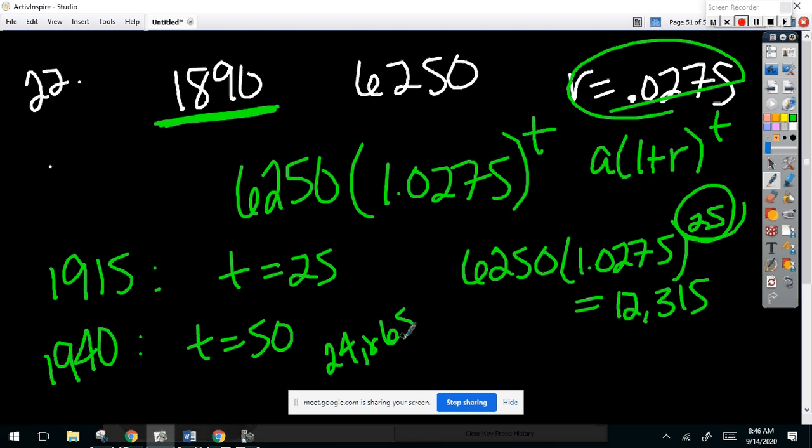Number 31, cholera bacteria. Suppose that a colony of bacteria starts with 1 bacterium and doubles in number every half hour.